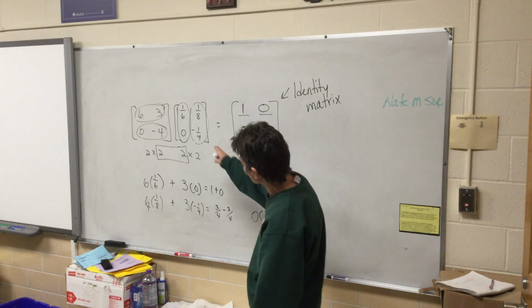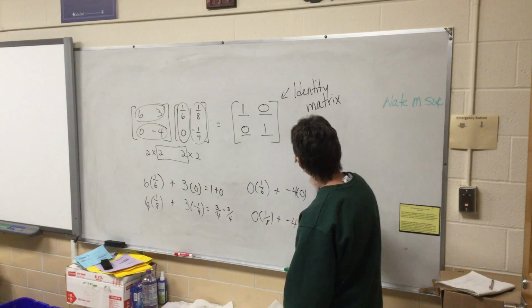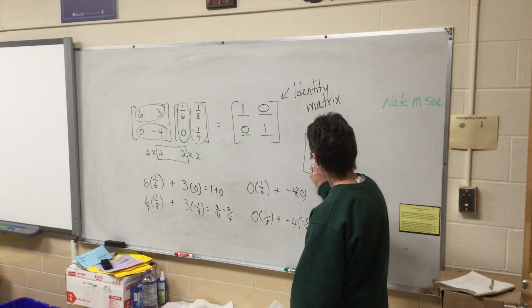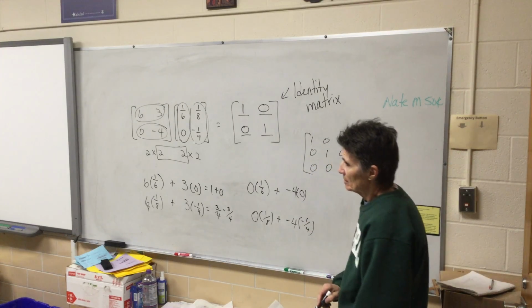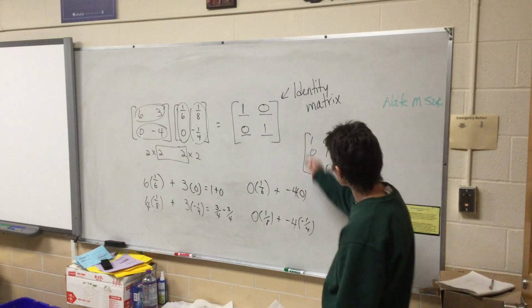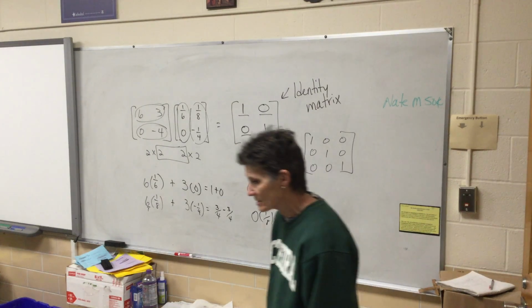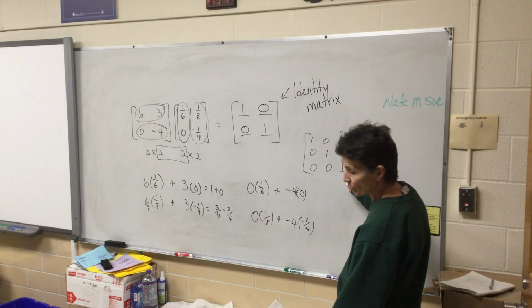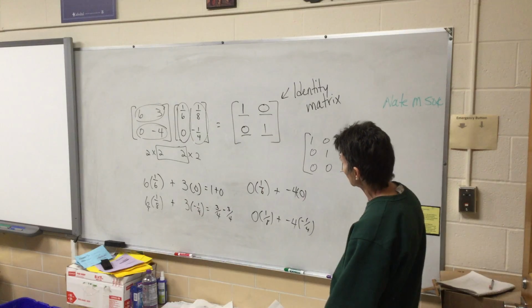If these had been 3 by 3s, that identity looks like this. So in other words, it's all zeros except for the main diagonal, and that is all 1s. So that's the identity matrix for a 3 by 3. That's the identity for a 2 by 2.